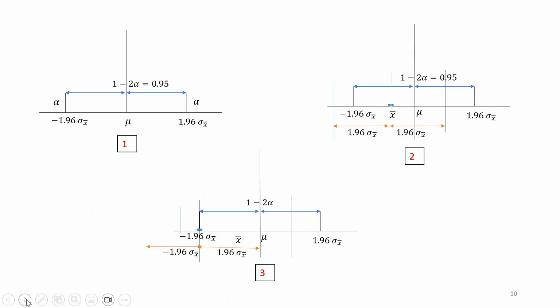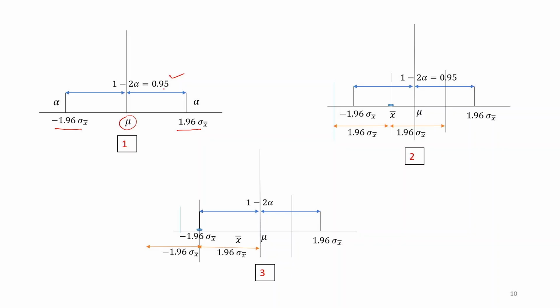The same thing we are now showing here, whatever we have discussed earlier. In this diagram, this is the population mean, where it is going to lie. And these are the two limits on the right hand side and left hand side. Let us say I have chosen a value of 1 minus 2 alpha to be 0.95.